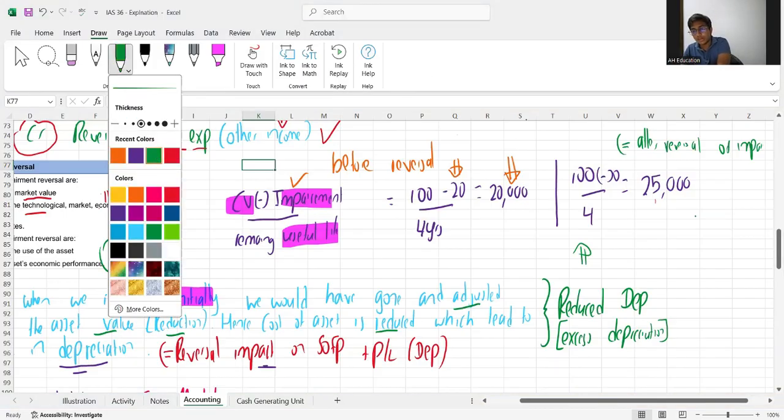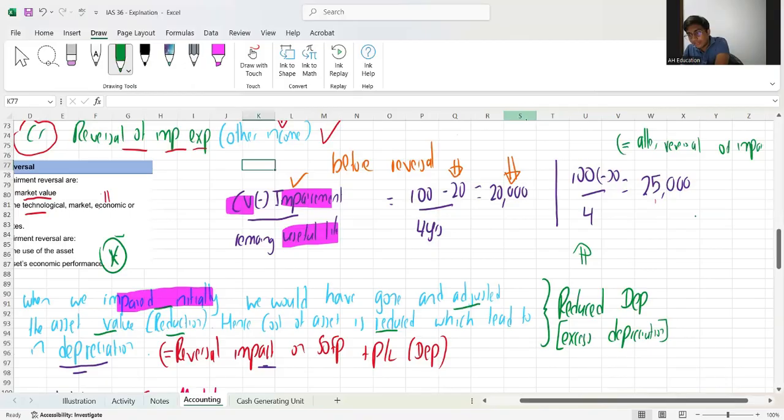Here, see, hypothetically if there was no impairment, then my cost is only 100. So 100 divided by your 4 years will give you all depreciation of 25,000, right? But because of me incorporating impairment, I was able to save 5,000 from my depreciation expense.